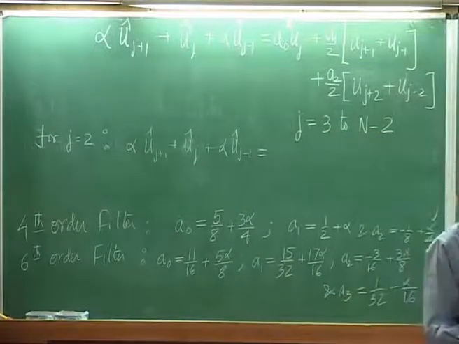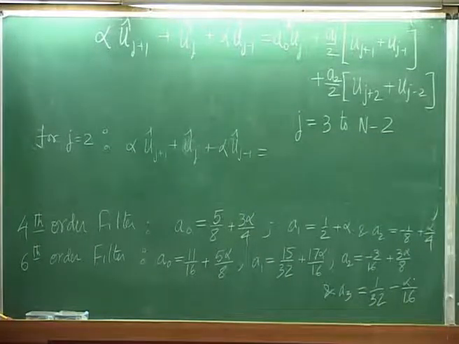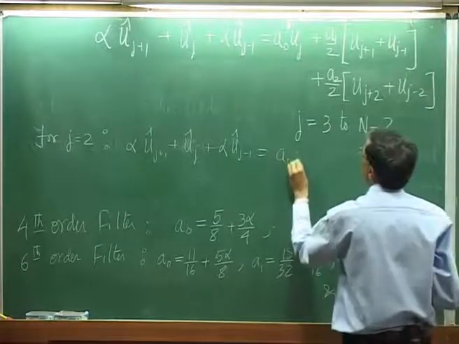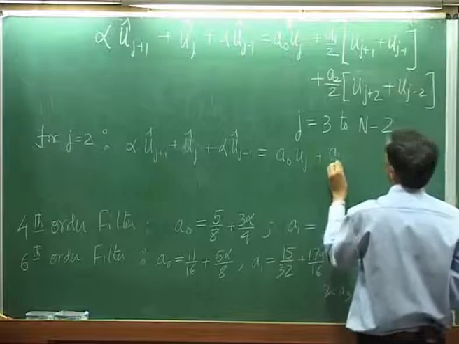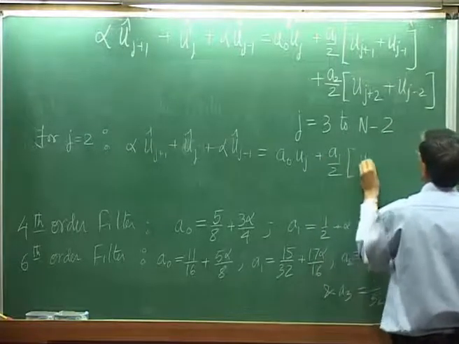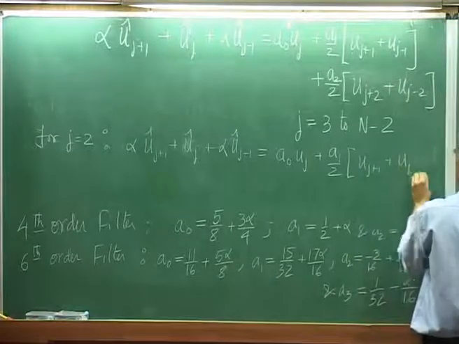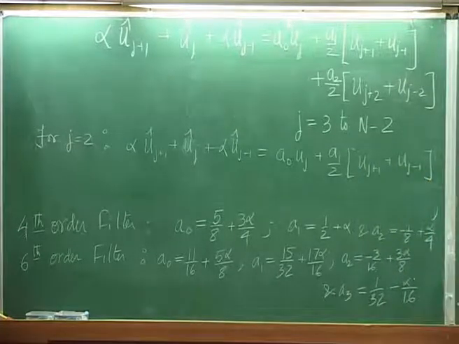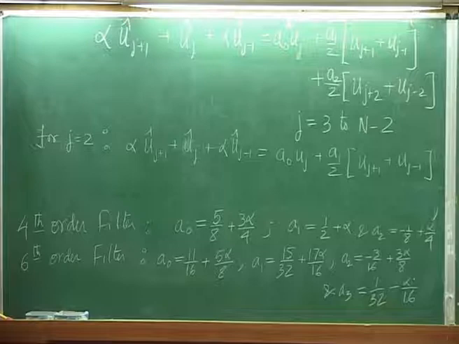On the right hand side, of course, you have to be concerned about what you could do. One possibility is you revert back to second order filter. So, then you have no problem. Basically, we are applying a fourth order filter from 3 to n minus 2, and at j equal to 2 and j equal to n minus 1, we are going back to second order filter. And then once again we have no ambiguity.